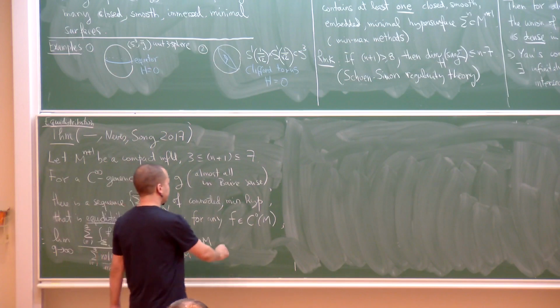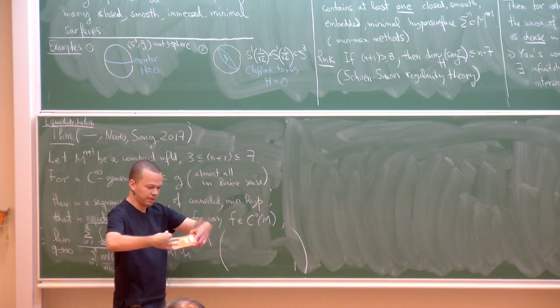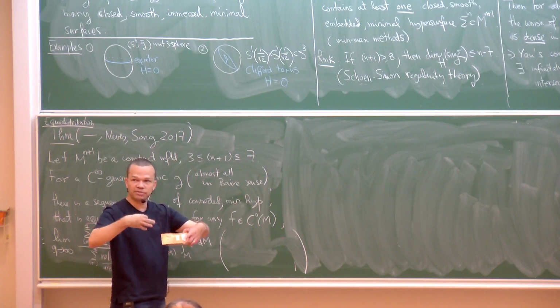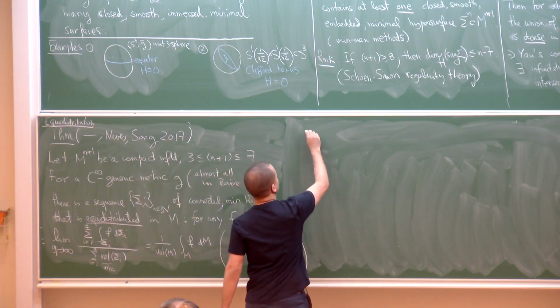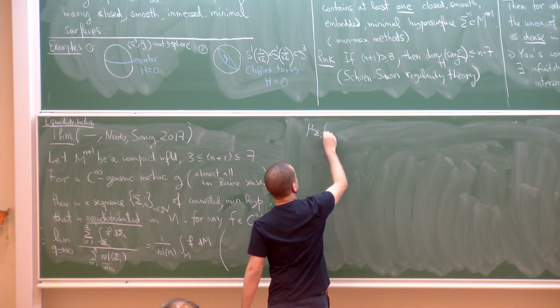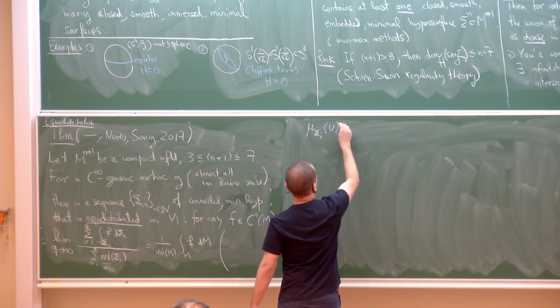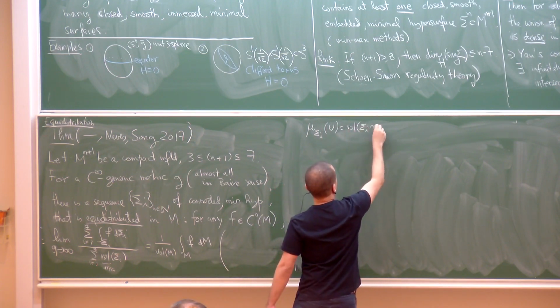Equivalently, if I have my minimal hypersurface, this hypersurface gives me a measure. The measure associated to sigma_i is just the one that, given an open set, returns the volume of the surface inside that open set.